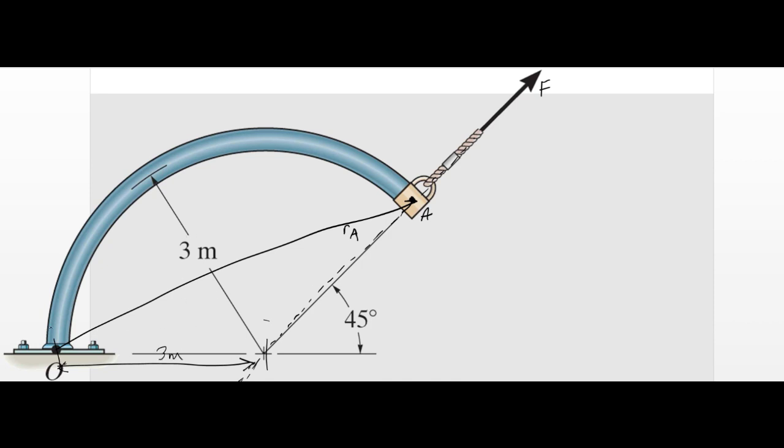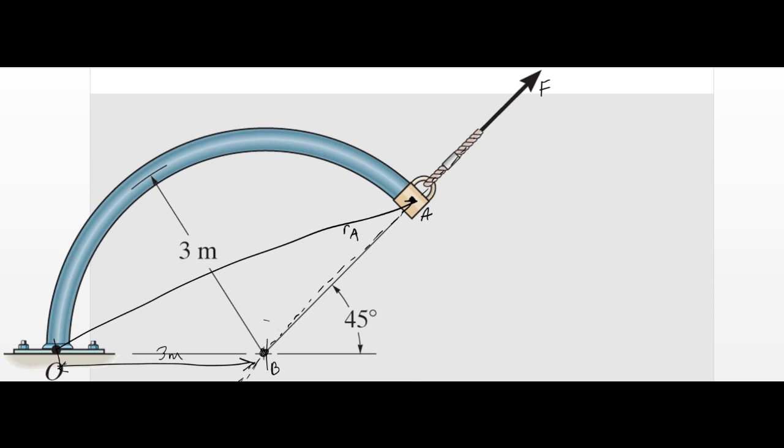So I don't actually need to calculate the moment due to this about point A. I can just calculate it about this point. Let's call it B, right? We need to calculate it about point B. And that's much easier to do. Now I can translate this force to this point and say, well, it has 2 components.